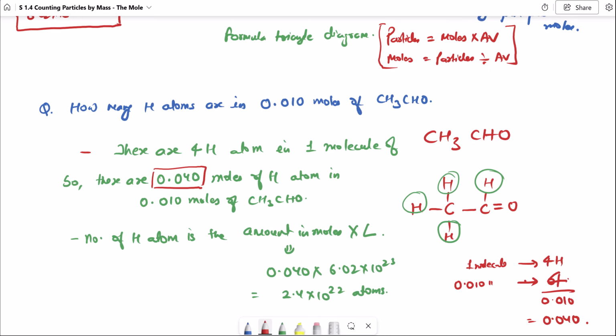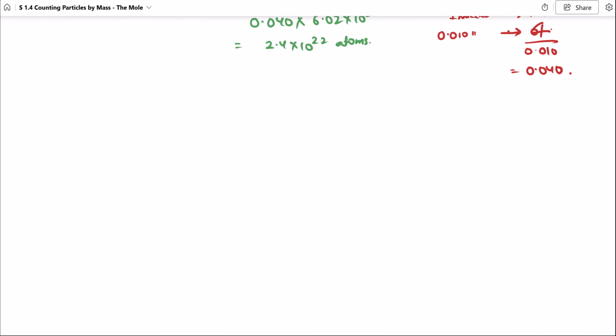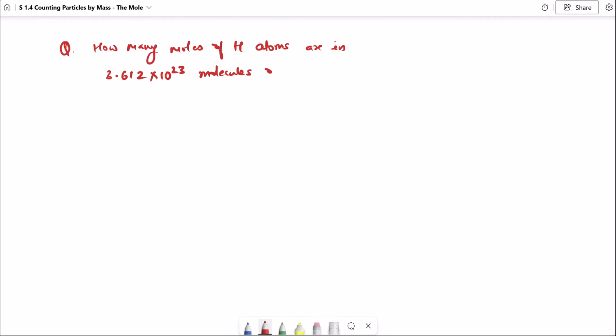Okay, let's take another example. The question is: how many moles of hydrogen atoms are in 3.612 into 10 to the power 23 molecules of H2O2? How to solve this?